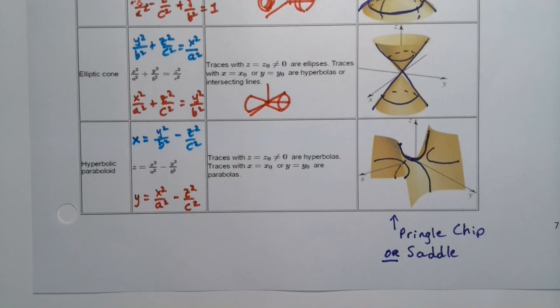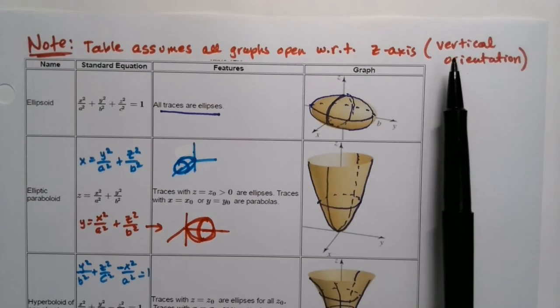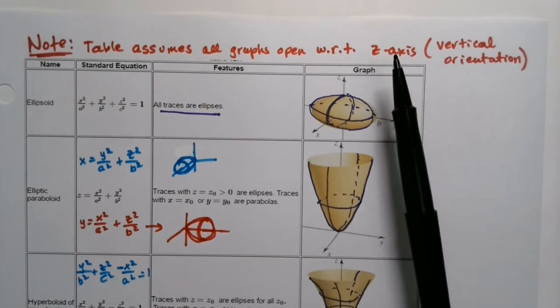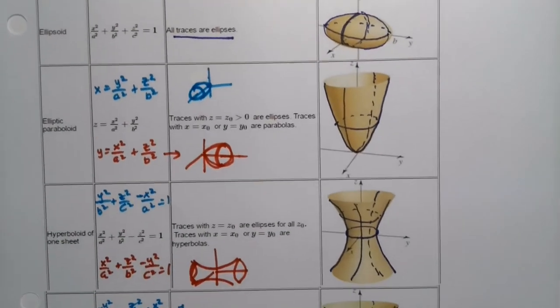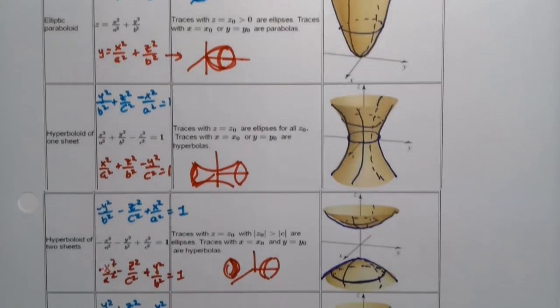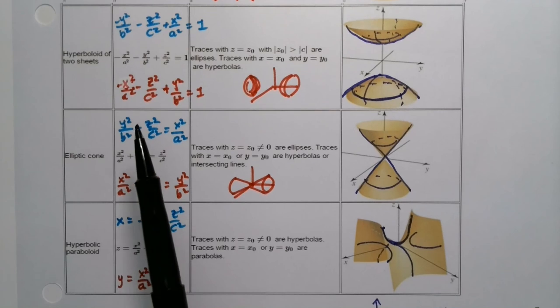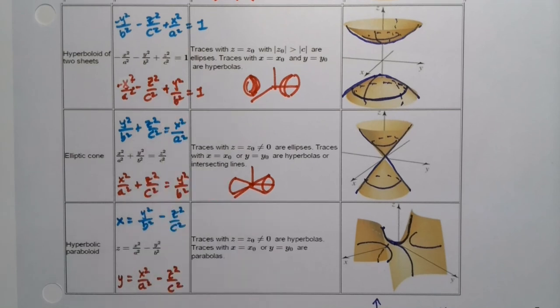So recognize that this table is giving you these general types, but there are other general types. The whole table is assuming everything is opening with vertical orientation with respect to the z-axis. But for every single one of them, except for the ellipsoid, because the ellipsoid is always closed, so it doesn't really have an orientation, for all these other ones there's an orientation to it, and there are always two other ones that are not typed, that are just as valid as the one that is typed.